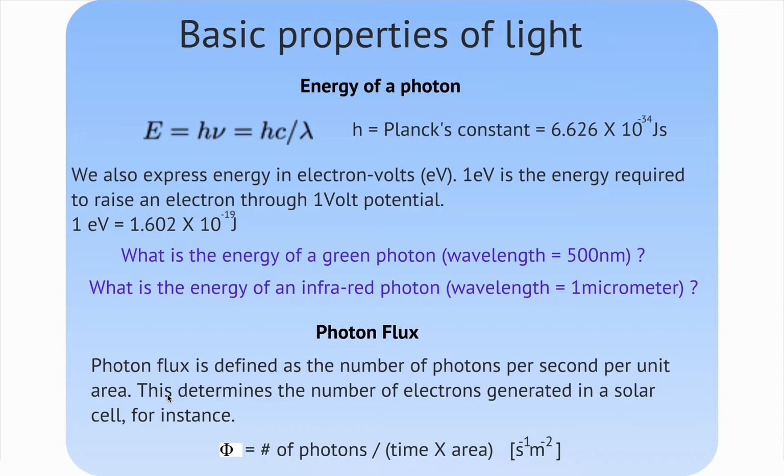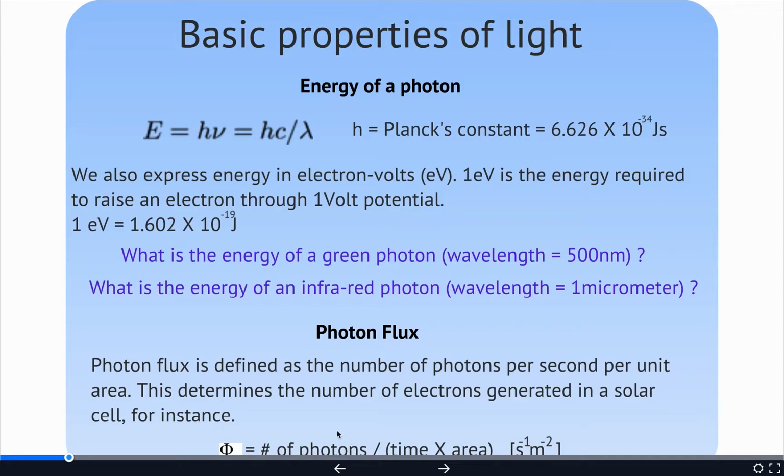So if you have a certain photon flux, that also determines the number of electrons generated in the solar cell, right? So that photon flux determines the current of the solar cell. Okay, so that's how you connect it to what we really need. So flux is defined as number of photons divided by time times area, and it's in units of numbers per second per meter squared, as shown here.